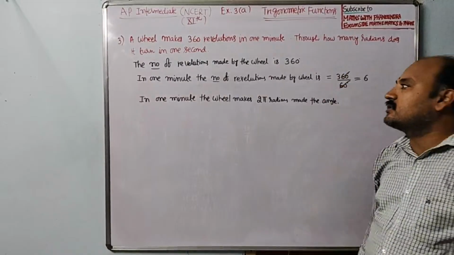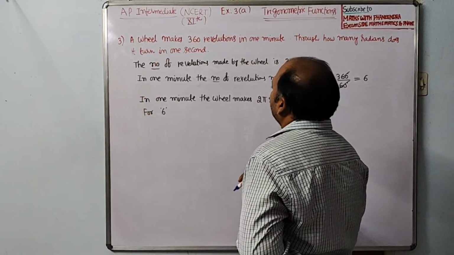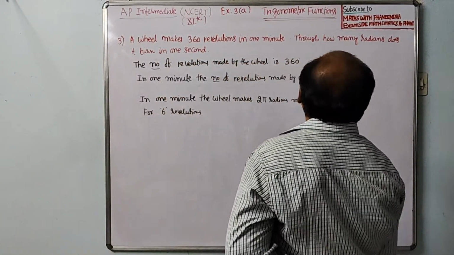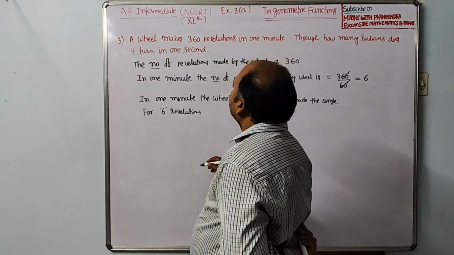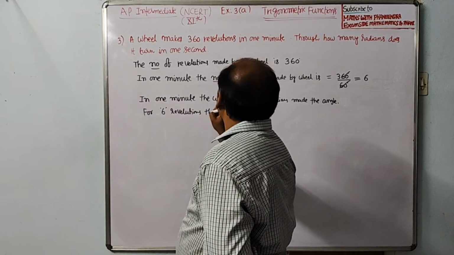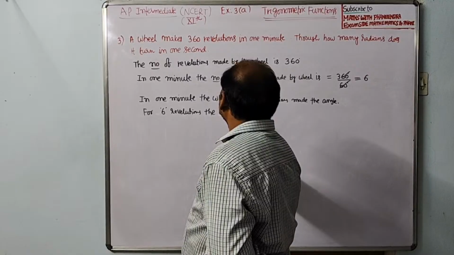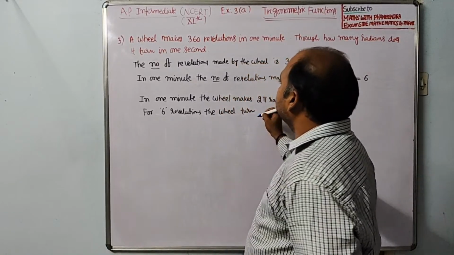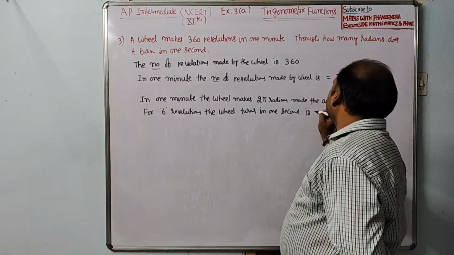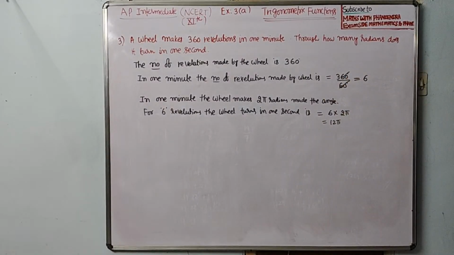For 6 revolutions, how many radians? For 6 revolutions, the wheel turns in 1 second is 6 into 2 pi. So 12 pi. This is the way we can do it.